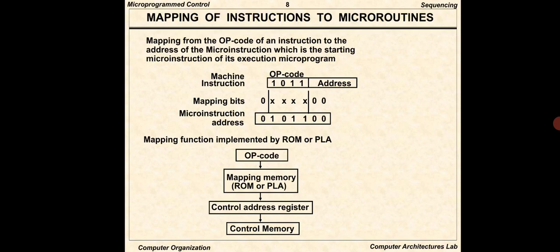Next, you store the address of the subroutine program in the control address register. Based upon that address, it goes to the control memory and executes the subroutine program.